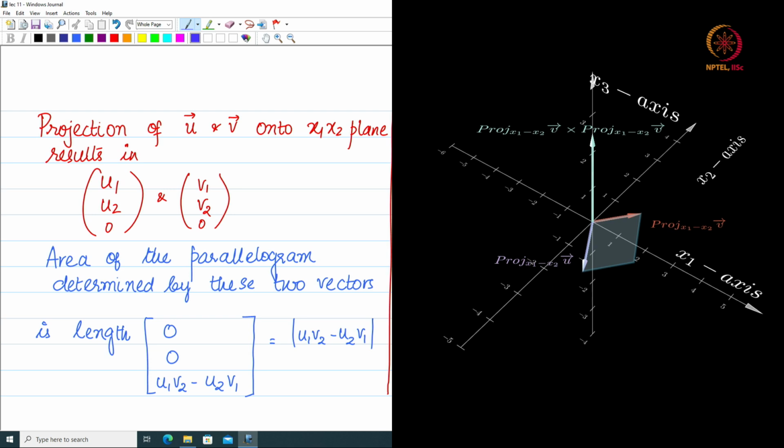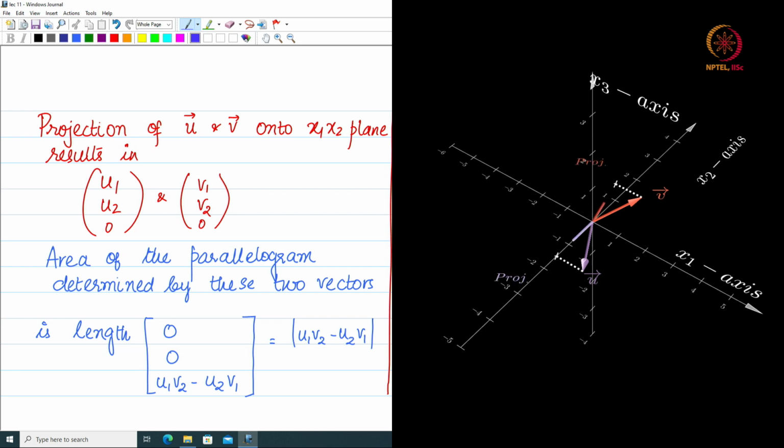Similarly, we can project u and v onto the x2 x3 plane, and we end up getting the first component being 0. So we basically get (0, u2, u3) and (0, v2, v3).